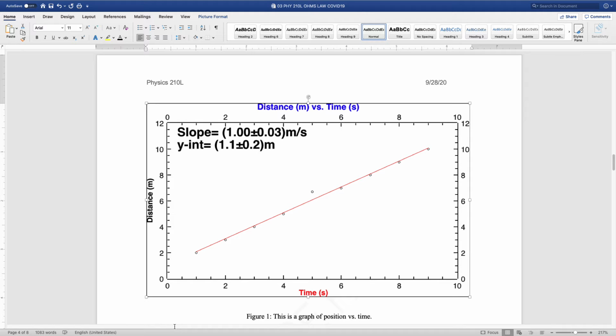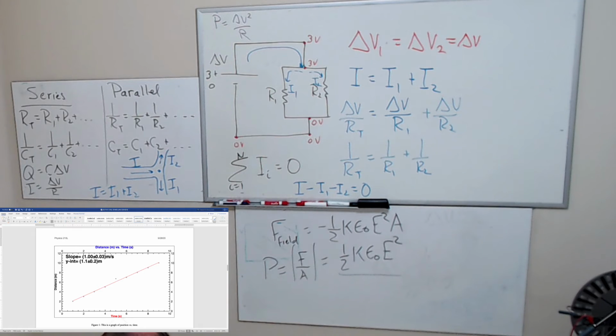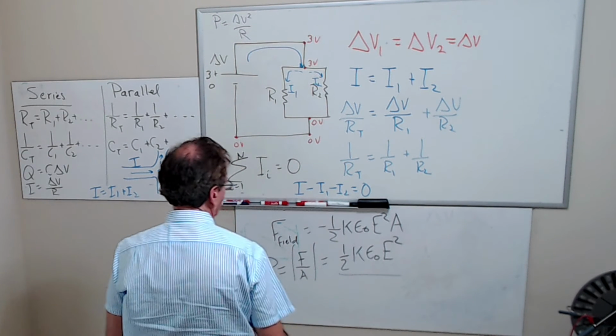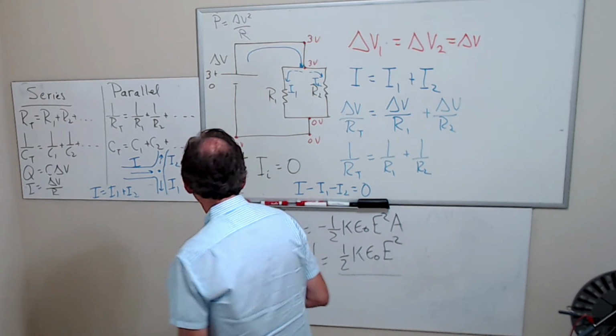Okay, I need to talk about the lab now, all right? So let me go to the board and switch views before I forget. Okay, so the first part of the lab, you're going to be testing Ohm's law.